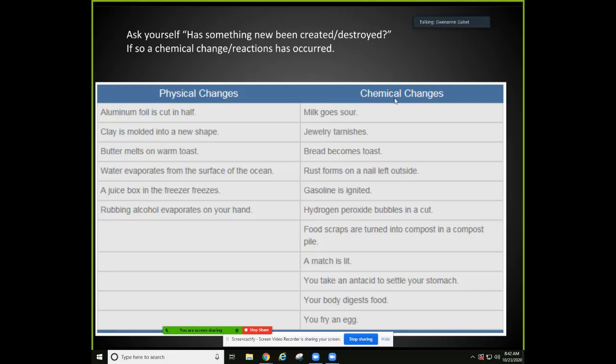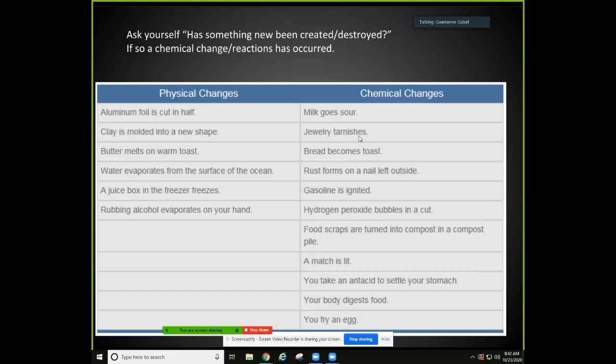Okay? Your chemical changes, milk going sour. Anything that is rotting or decaying or going bad is chemical. It's basically breaking down and decomposing. Jewelry tarnish. Okay? Tarnish is another word for rusting. It just depends on the type of metal.